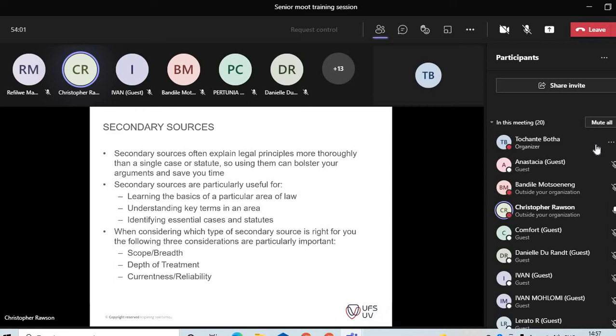Right? So if we found an academic article on the constitutionality of virginity testing as a bursary requirement, that's quite nice because the scope and the breadth of the article really deal with the issues you're looking at.